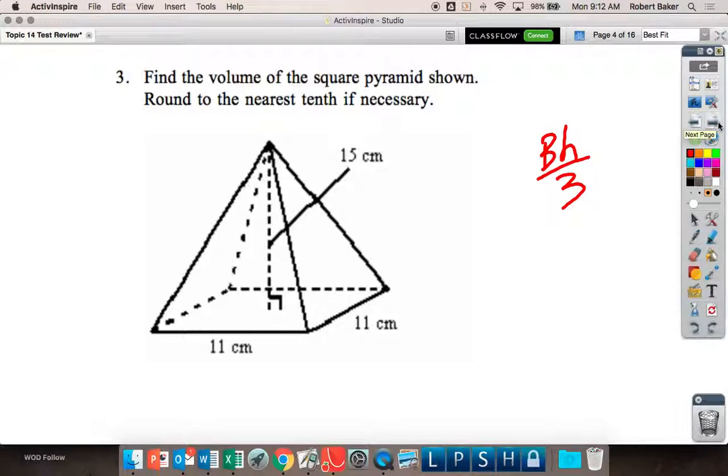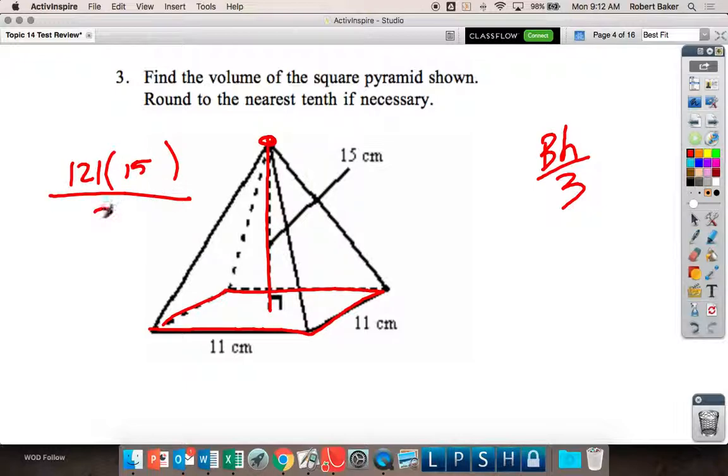To find the volume of this square pyramid. So we talked earlier, the volume of the square pyramid is the area of the base times the height, divided by 3. So this is the area of the square base, 121, times the height of the pyramid from apex to the base, which is 15. That gives you the volume of the square pyramid, and it says round to the nearest tenth if necessary.